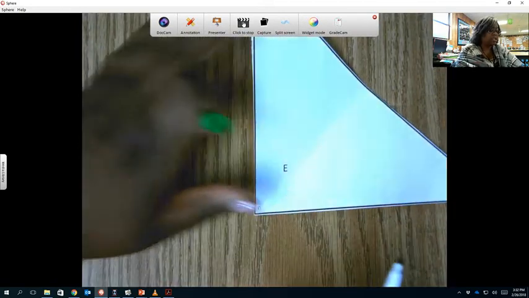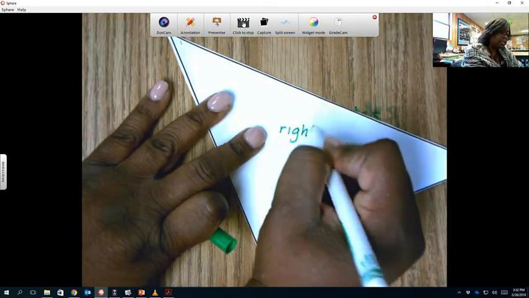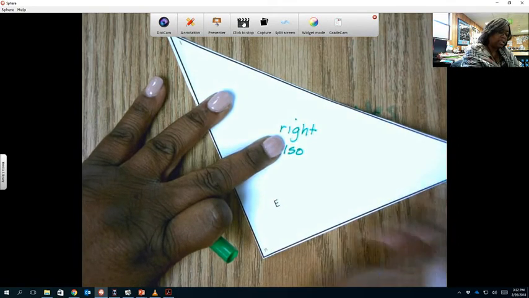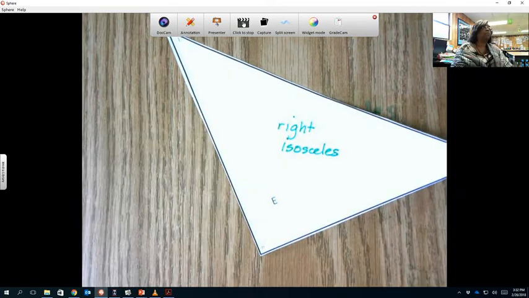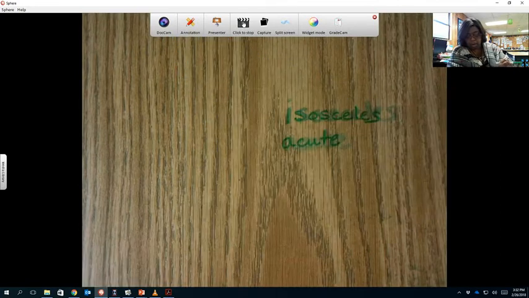So this particular triangle is a right isosceles. Right isosceles.